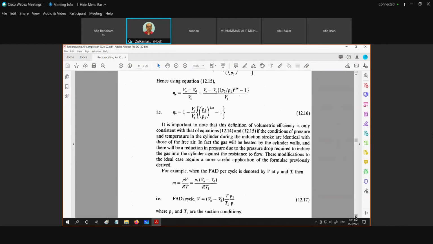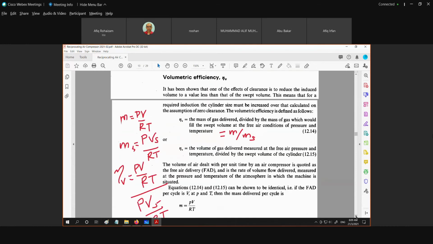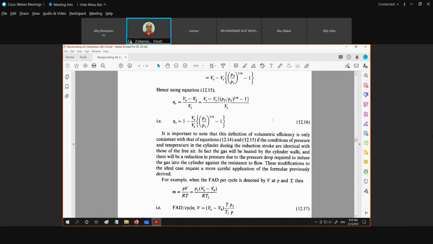What is actually the condition? Before that, okay, volumetric efficiency. Now, cuba tengok.